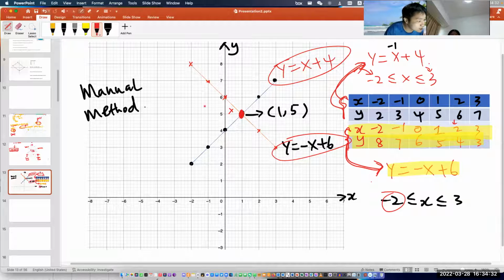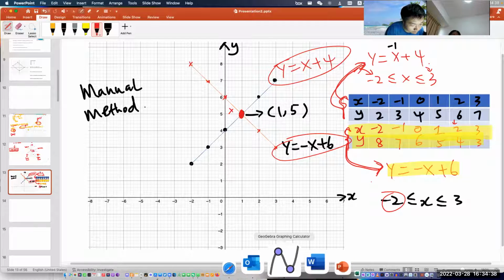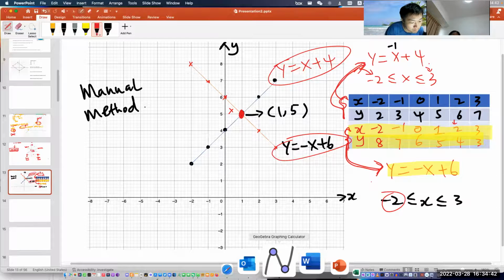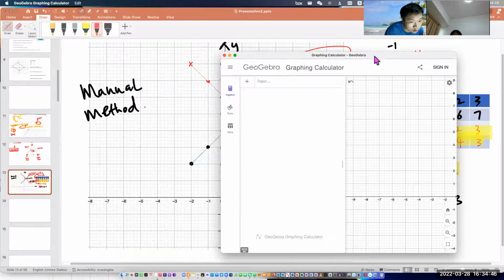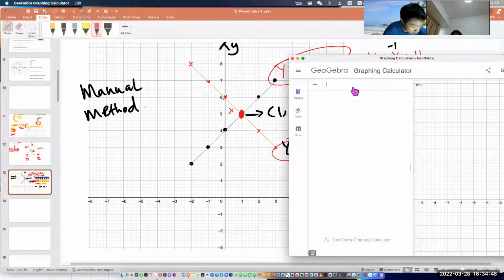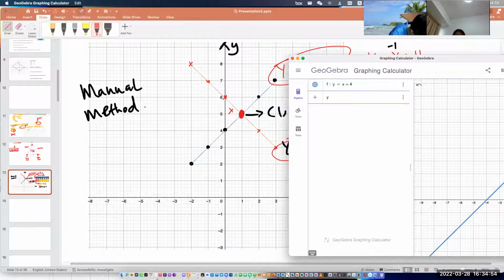Okay, and then this one looks exactly like the image you sent me. Okay, so if you have forgotten how they look like, I can quickly just demonstrate to you. They look exactly the same. So the other one is minus x plus 6.